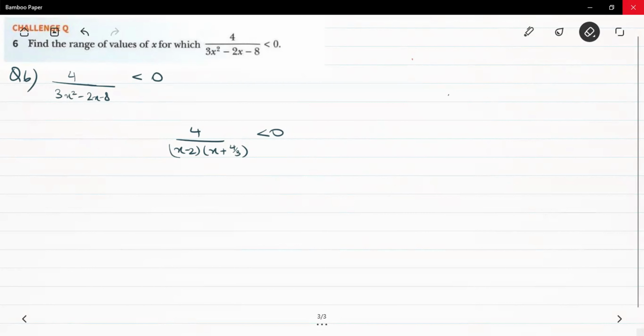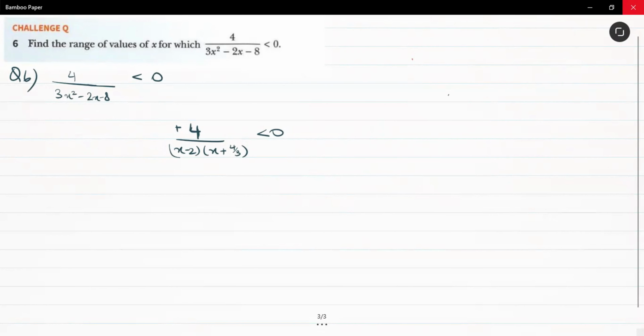And basically, we know this is a positive value, okay? The positive 4, we know it's a positive value, so we know this denominator should be a negative value, okay? And when that's a negative value, we know that it's going to be lesser than 0.